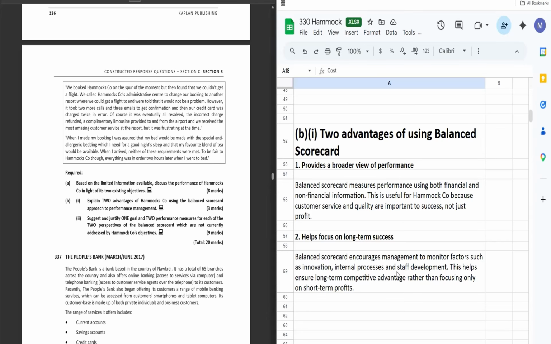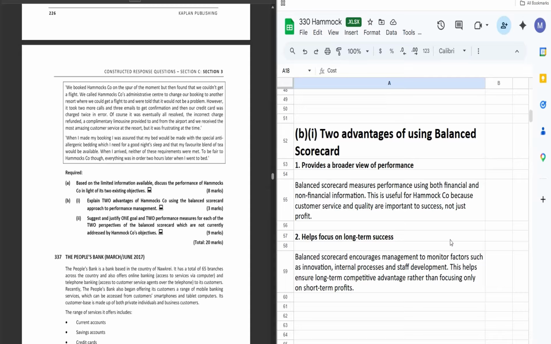But if you have gone through the comments of the customer, they indicate that the company lacks innovation. Okay, so keeping this point in mind, we need to explain the advantage. What would be the advantage if Hammock company adopts the balanced scorecard approach for evaluating the performance?